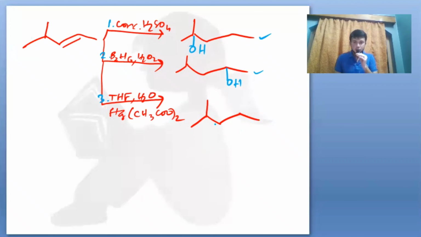That means the hydrogen shifting will not happen here, and the OH will be added simply here. So this is the distinction between the three reactions: in the first reaction it will be added like Markovnikov rule, in the second reaction it will be added like anti-Markovnikov rule, and in the third reaction it will be added at the carbocation where it is formed first. Okay, so let's see.